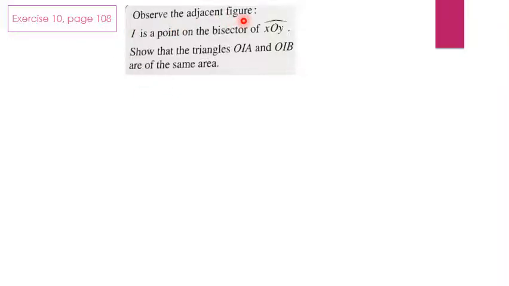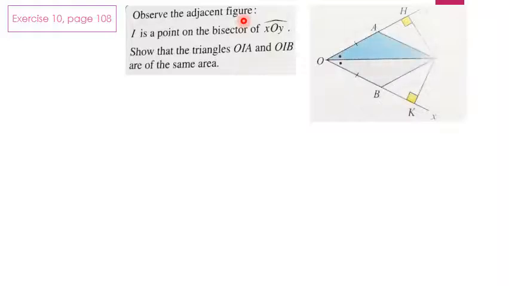Observe the adjacent figure. This is the figure. I is the point on the bisector of angle XOY. This is angle XOY, or YOX, it is the same, and this is point I. I is the point on the bisector, so OI is the bisector of angle XOY.